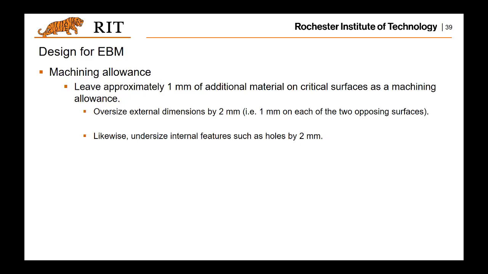That's why additional material should be there for the machining. You always want to create a bigger part than needed, such that after machining, you could have the right geometry of the part.